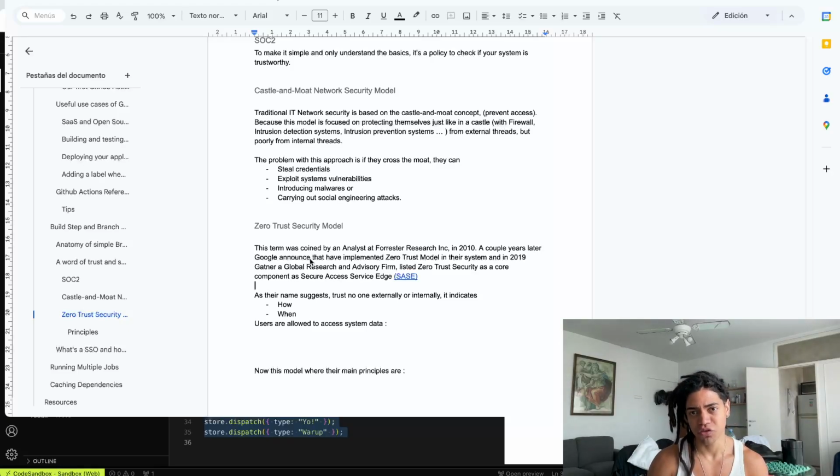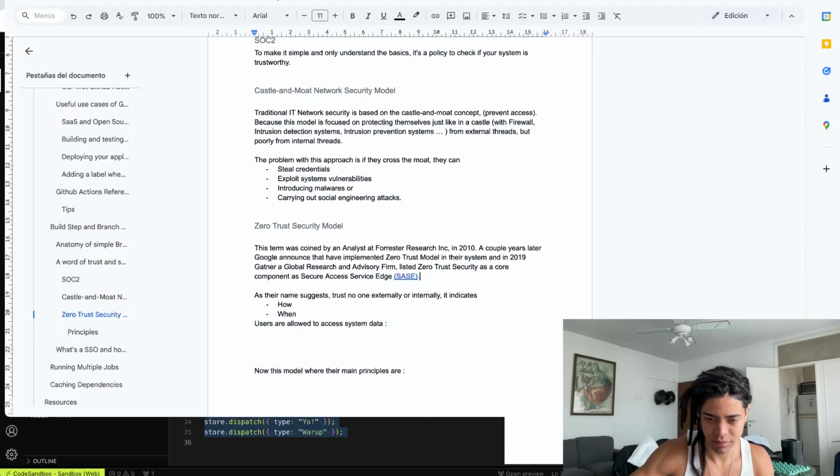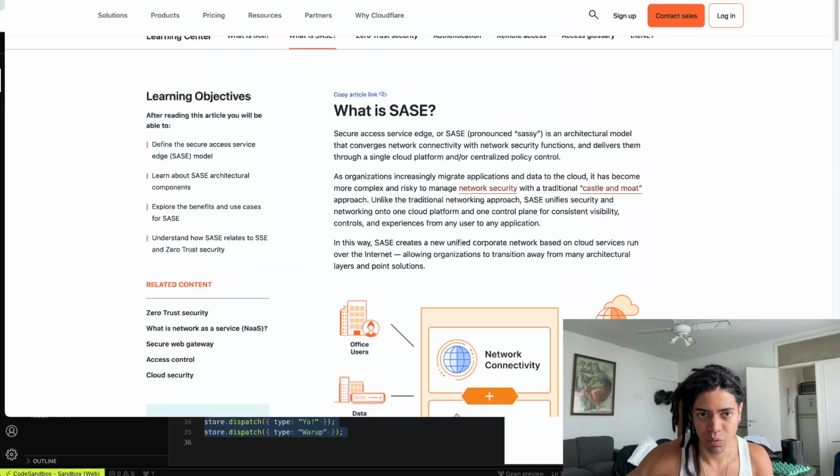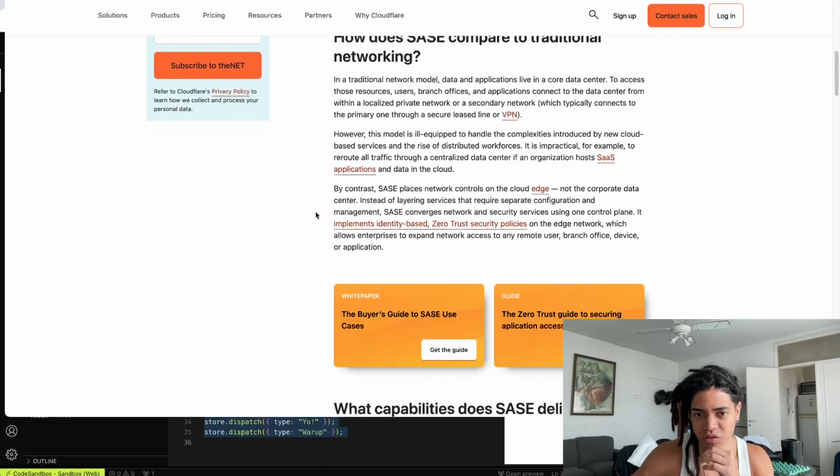These global research and advisory firms list zero trust security as the core component of SASE, Secure Access Service Edge, which is a combination of services. What is delivered exactly? What does SASE offer compared to traditional networking?